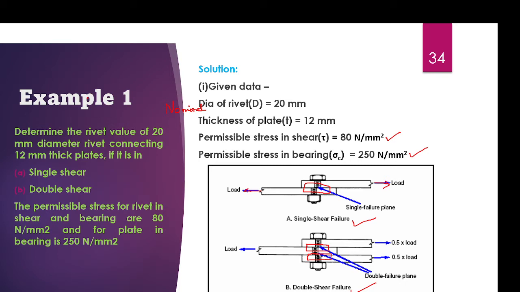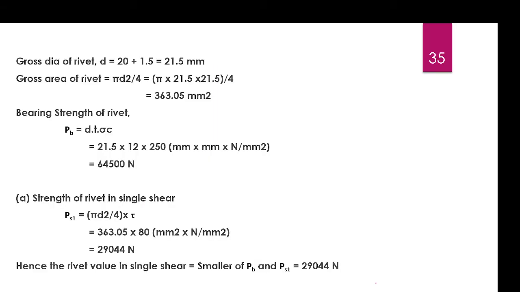So proceeding to the solution part, first of all, we need to calculate the gross diameter of the rivet, which is given by small d equal to nominal diameter plus 1.5, and this 1.5 is termed as standard clearance.